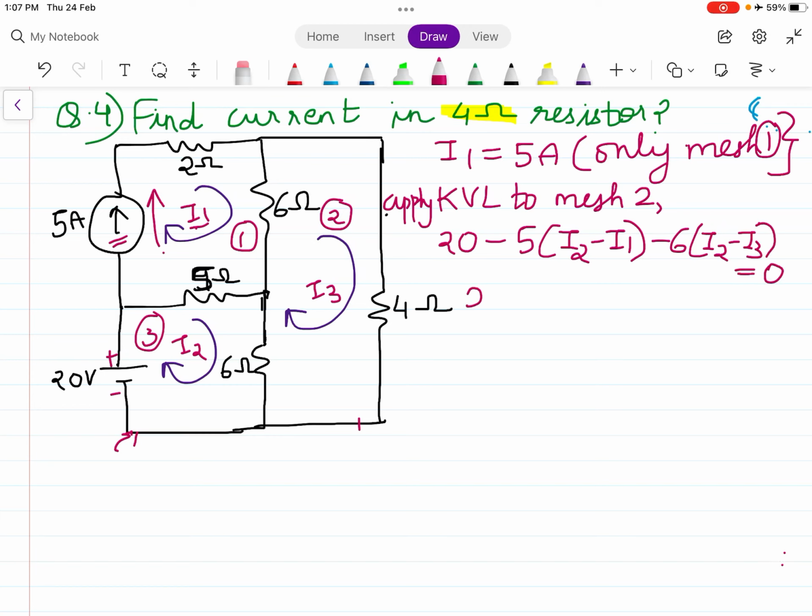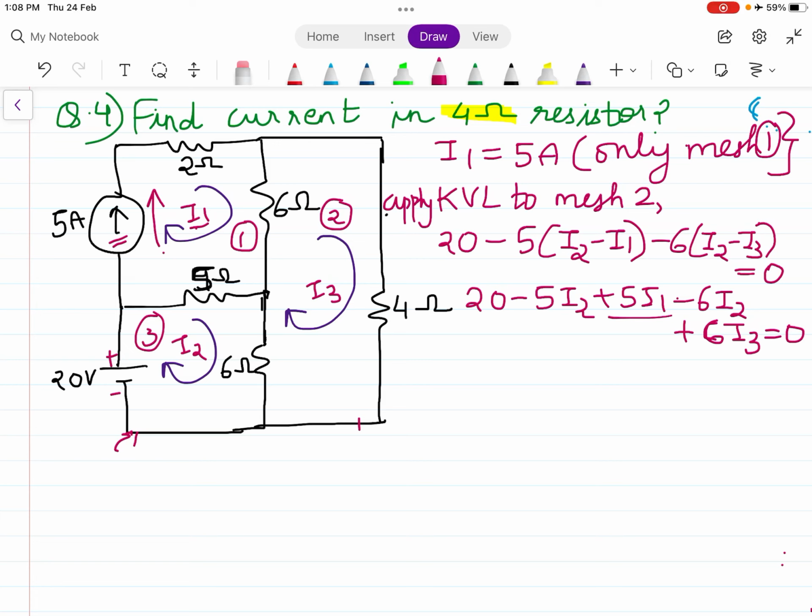equal to 0. So 20 minus 5 I2 plus 5 I1 minus 6 I2 plus 6 I3 equal to 0. So this is 5 I1, but I1 is already 5.